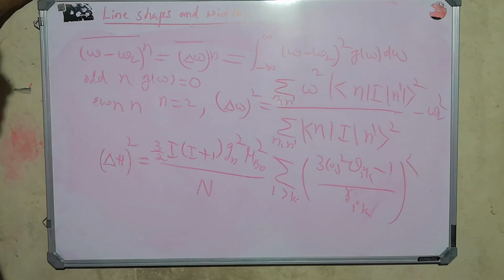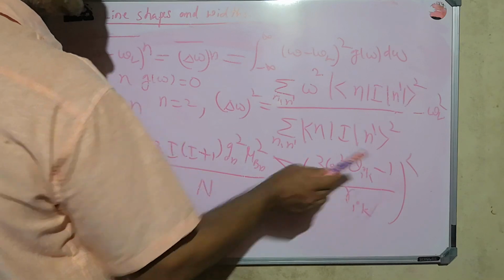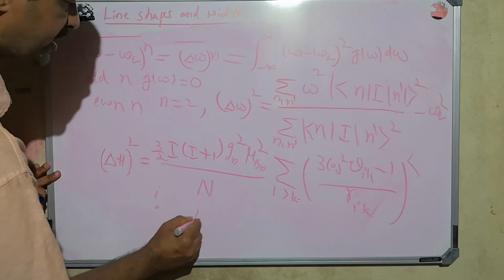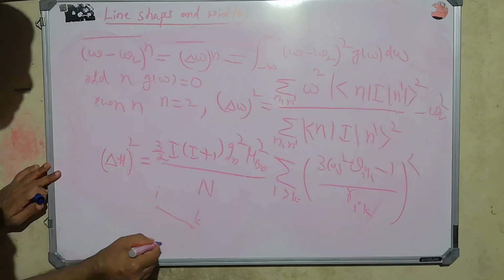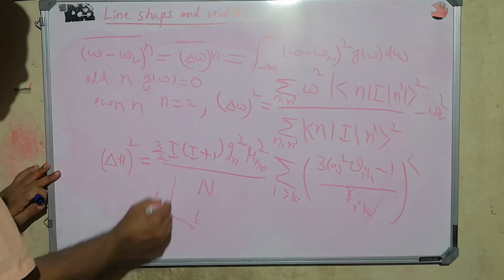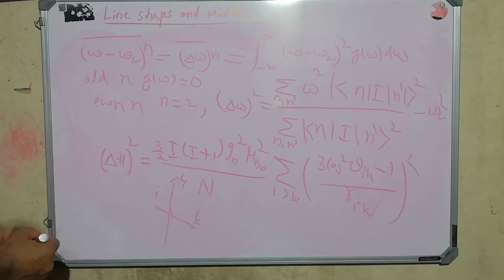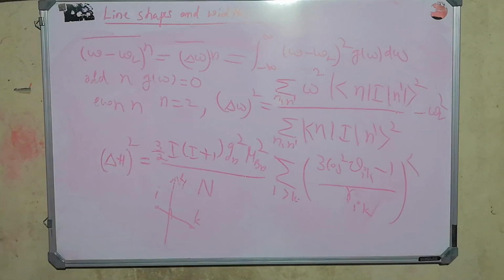Theta ik is the angle between the vector r ik, so that means it is the ith nucleus, this is the kth nucleus, so the distance is this. Theta ik is the angle between the applied magnetic field and this vector. So that is the angle between r ik and the direction of the magnetic field, theta ik.